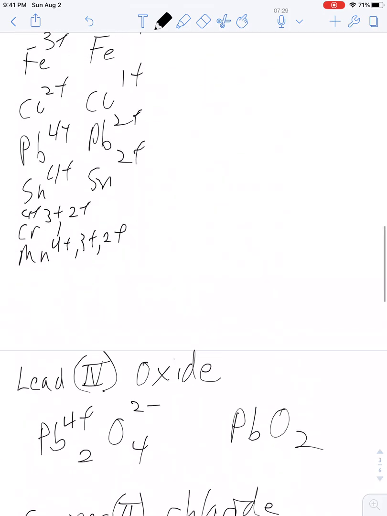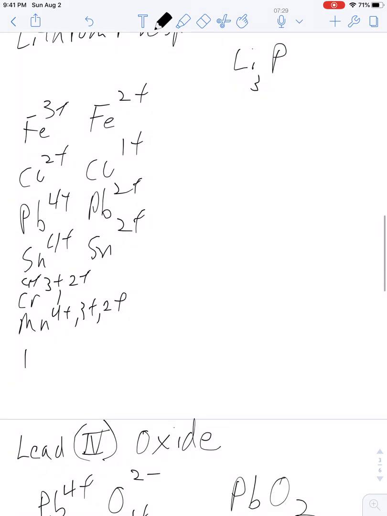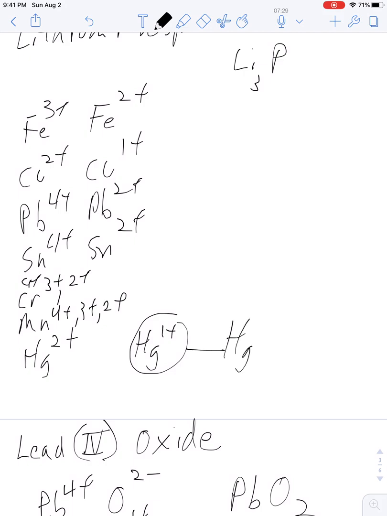Now I've been holding off talking about mercury. Mercury can be a +2, or mercury can be a +1. However, when mercury is a +1, it is always bonded to another mercury that's also a +1. Whereas when it's just mercury +2, it's a single atom of mercury +2.